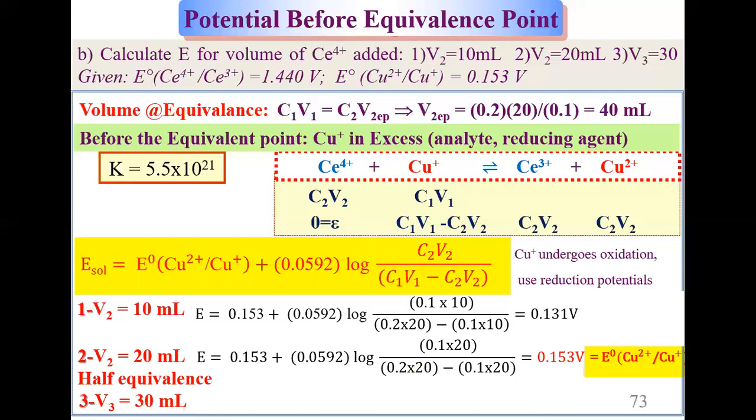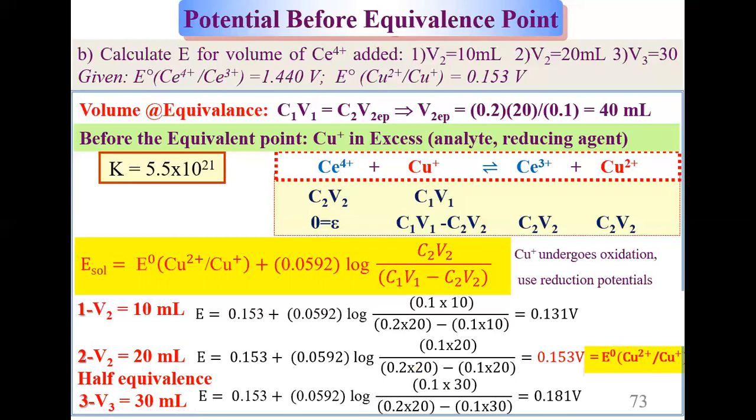At V3, which is 30 mils, again I'm still before equivalence, so I'm going to use this expression all the way through. Don't memorize this expression, guys. You should put everything into a chart form because you never know who's added to who, if it's oxidant or reductant, so just use the chart.